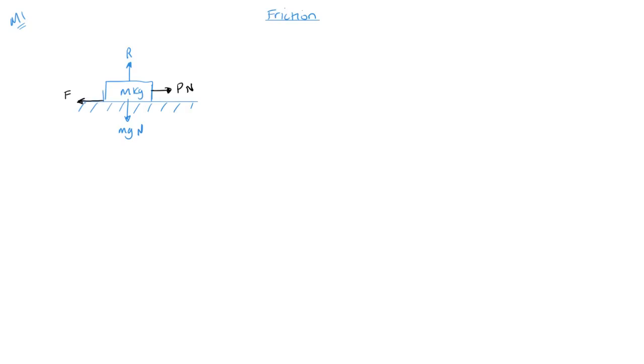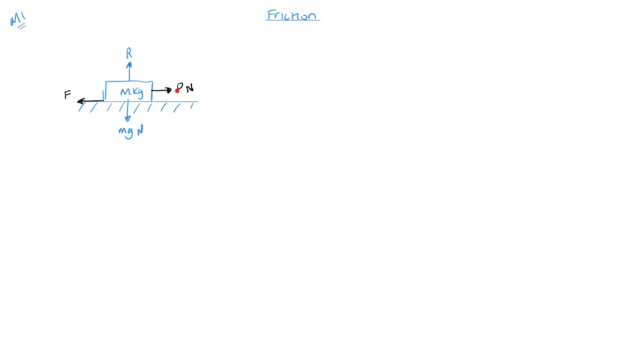Now, if P newtons is very small, it might not overcome the force of friction, so this block will still remain stationary. And if I keep increasing P, it will get to a point where the friction is at its maximum or its limiting value.